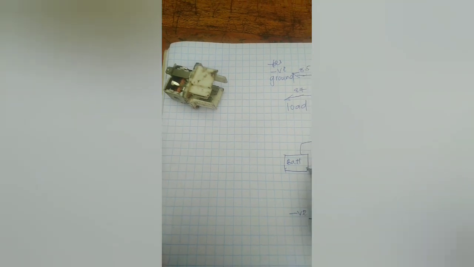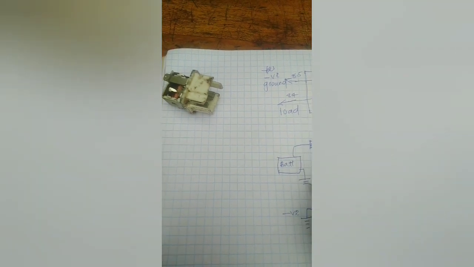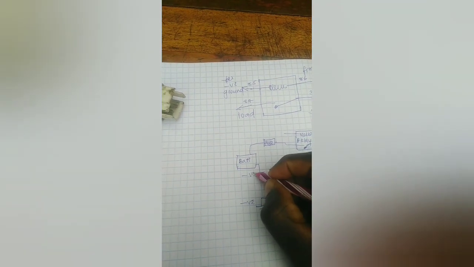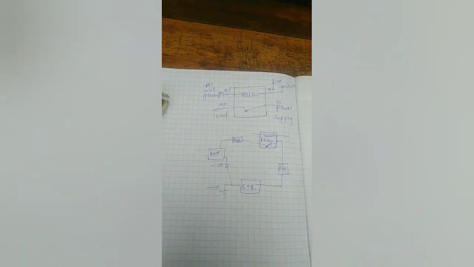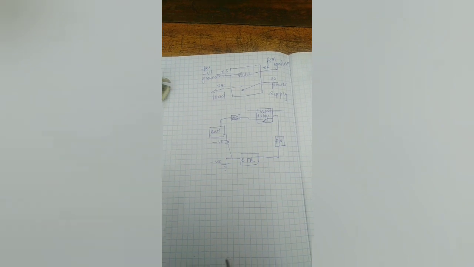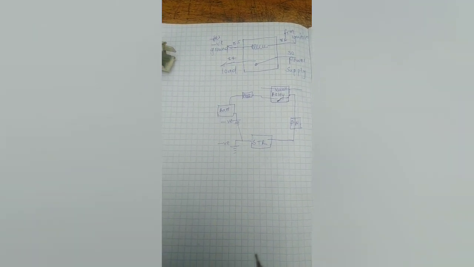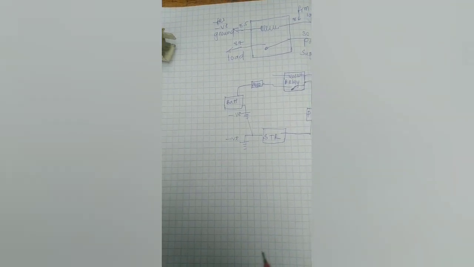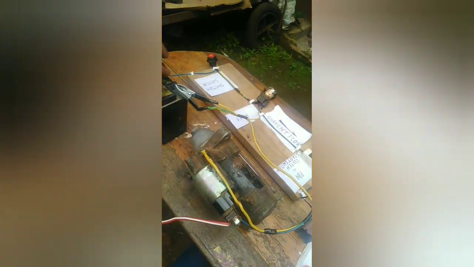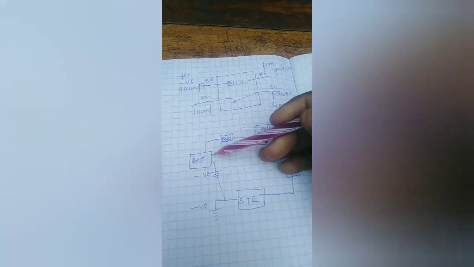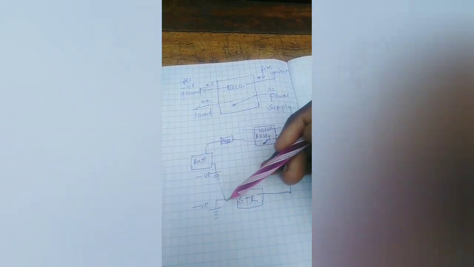So this is also negative. I can also represent it this way. For my case, since for a vehicle it is normally grounded to your chassis or to the body of the car, since here I have no body, I just wire it directly back to the battery. But for my case, these can represent it.